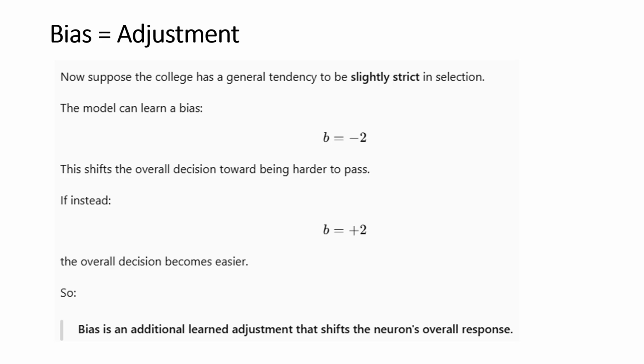If we want to make such adjustments in the decision making process, then we can use this bias. We can use the bias so that some adjustments can be made in the neuron's output, or the neuron's overall response, that is known as a bias.